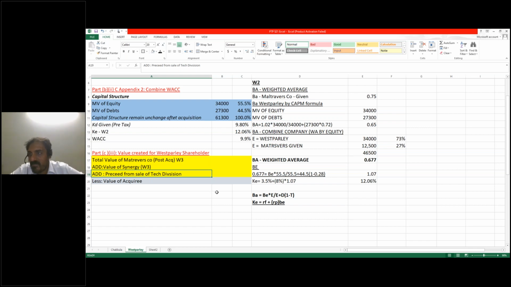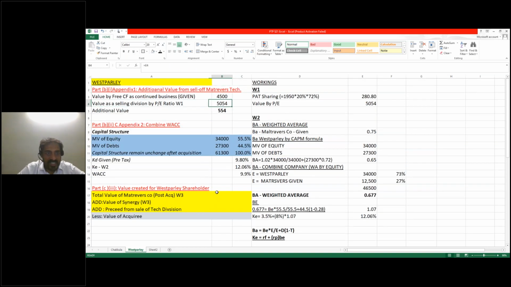How much is it? If we sell it, that's the value, 5054 is equal to B4. That's what we have. And whatever we have to compromise as the value of acquiree, we have to work out accordingly.